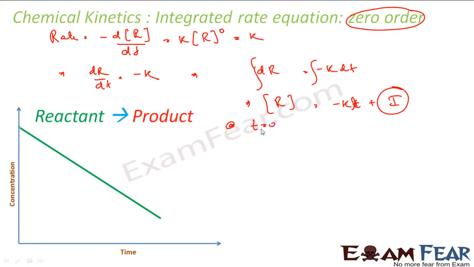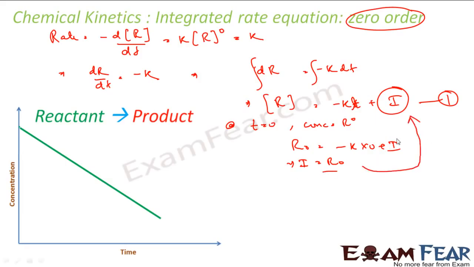At t equal to 0, my concentration is [R]0. Let's put the value in equation 1: [R]0 is equal to minus k into 0 plus I. So my I is nothing but [R]0, the initial concentration.